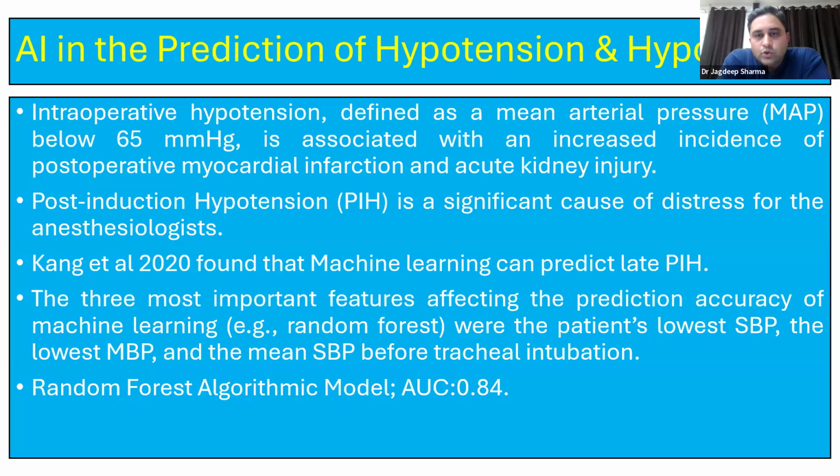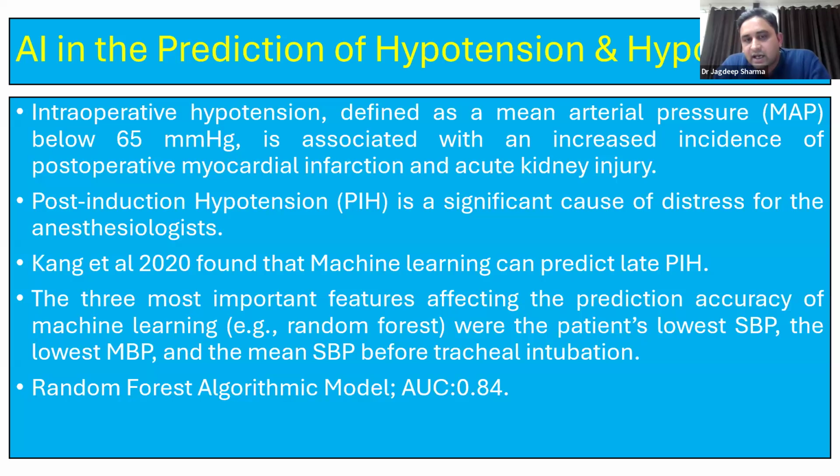Kang et al. in 2020 used a machine learning algorithm to predict this post-induction hypotension, and the parameters which most impacted the accuracy of the machine learning were the patient's lowest systolic blood pressure, lowest mean blood pressure, and the mean systolic blood pressure before tracheal intubation.